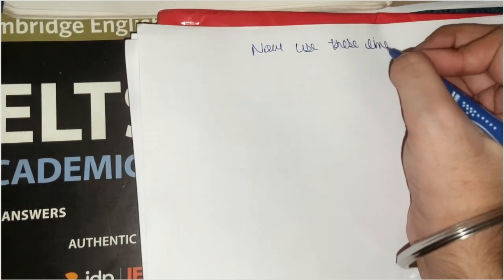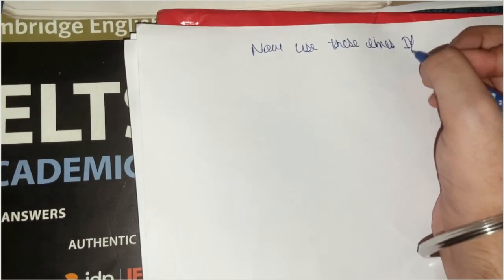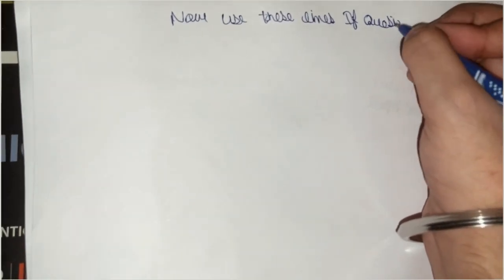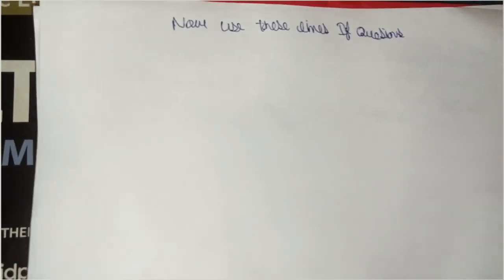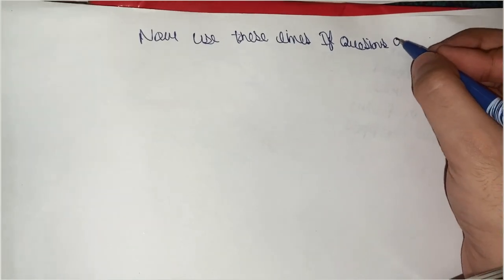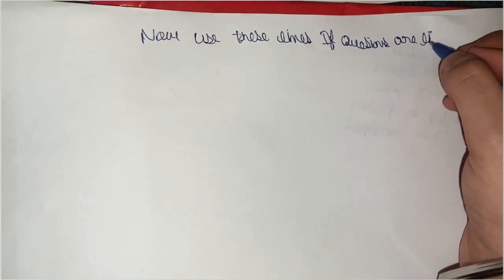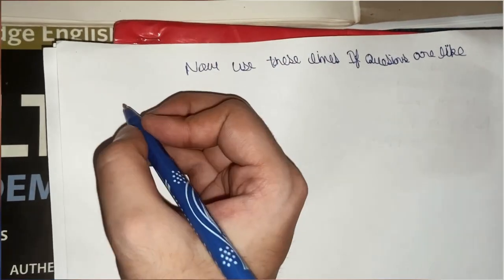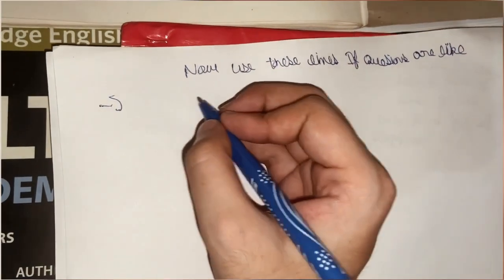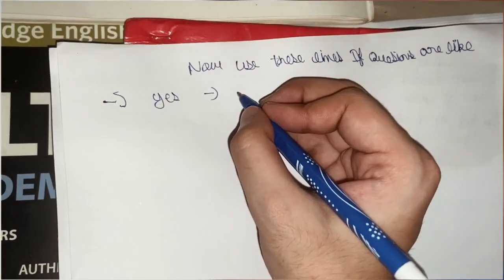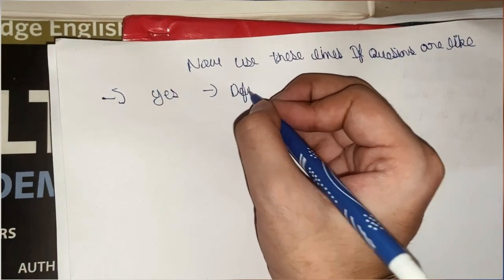Use these lines if your question starts with it. You can also take a copy and pen and write this with me. The first one that we are going to discuss is "yes." If you want to say yes, always say "definitely yes."